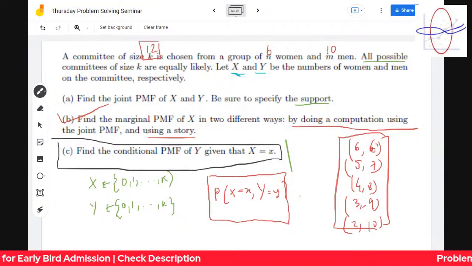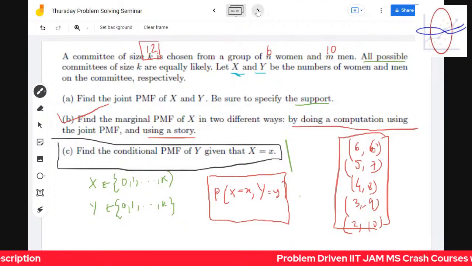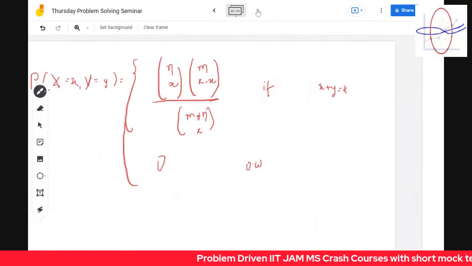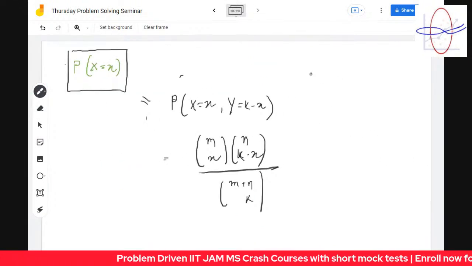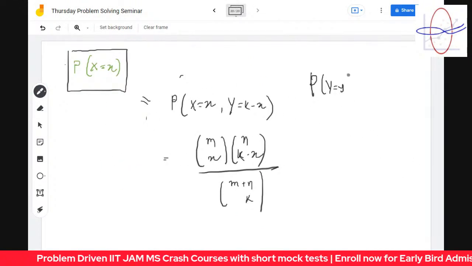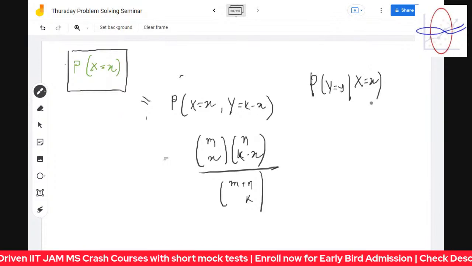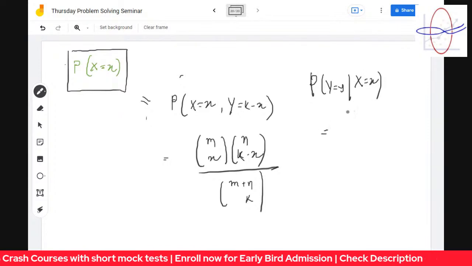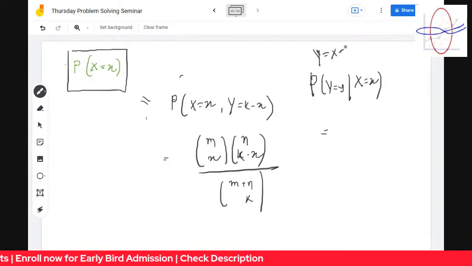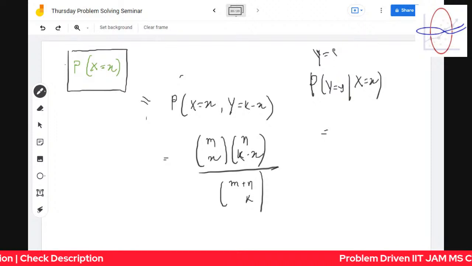Okay, let me just skip the problem. I told you that you need to find this probability of Y, right? Now you know that if X is equal to x, then Y is equal to K minus x, right?